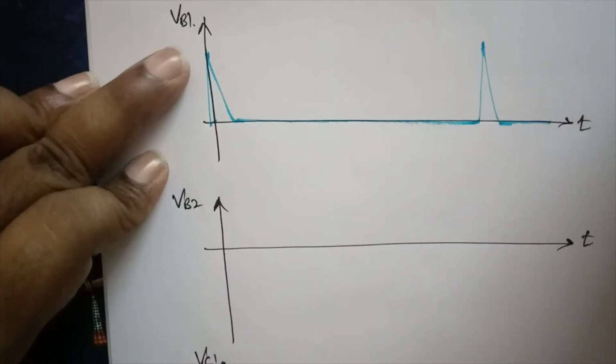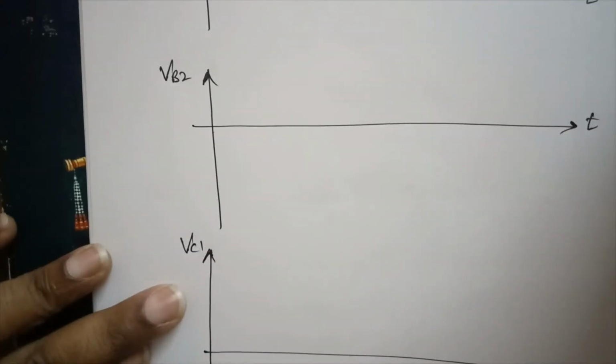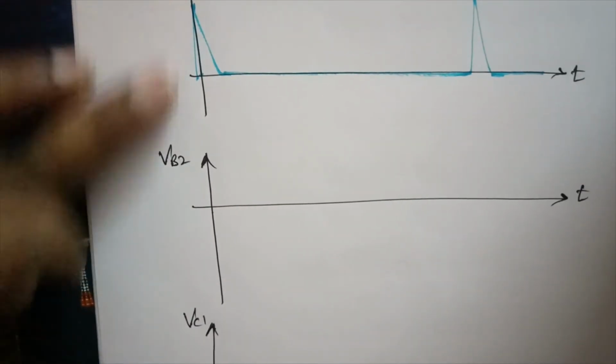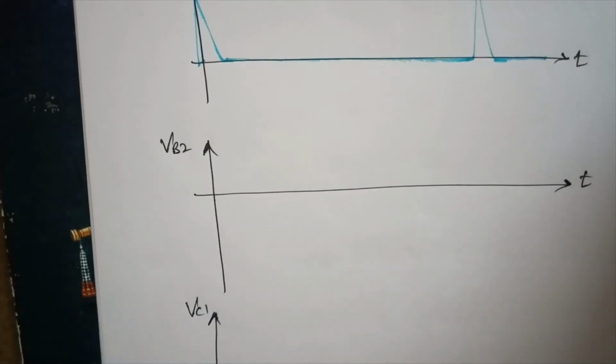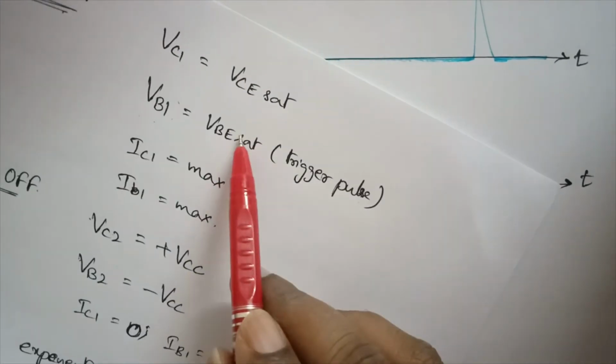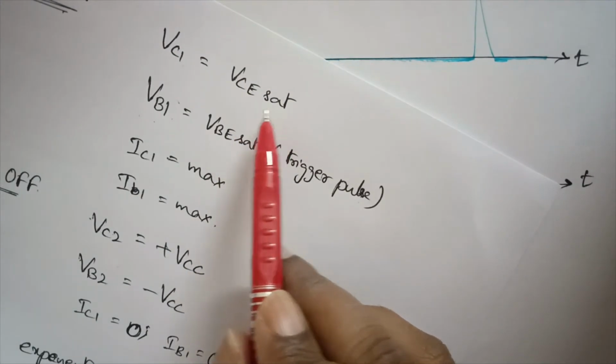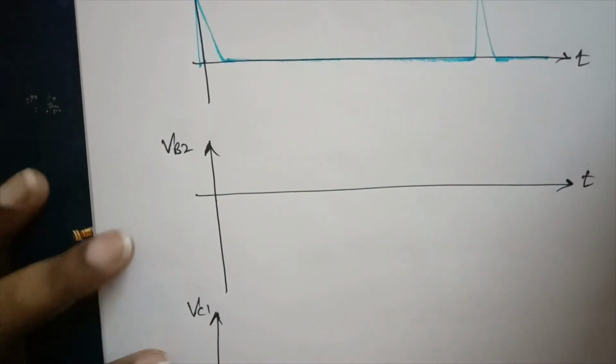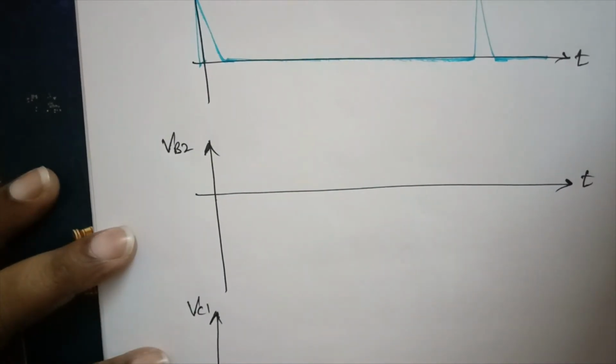When VB1 is applied, automatically what happened? Here we are getting the output VC1. When the trigger pulse is applied at VB1, VC1 is equal to VCE sat. So VC1 is on. So this is VCE sat.